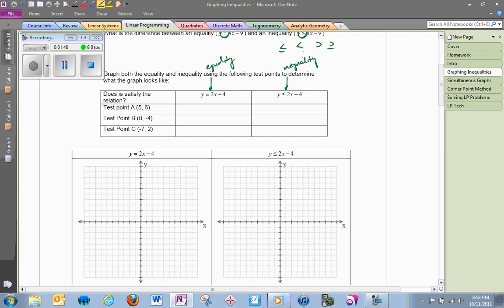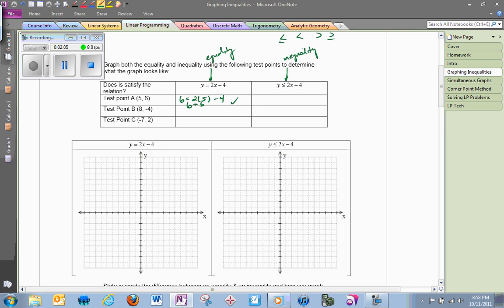The first one is a test point, and the test point is A, which is 5, 6. So here I would say 6 is equal to 2 times 5 minus 4. That means 6 is equal to 6. That's true. That's allowed. Here, that's 6 is less than or equal to 6. Again, that's true as well.